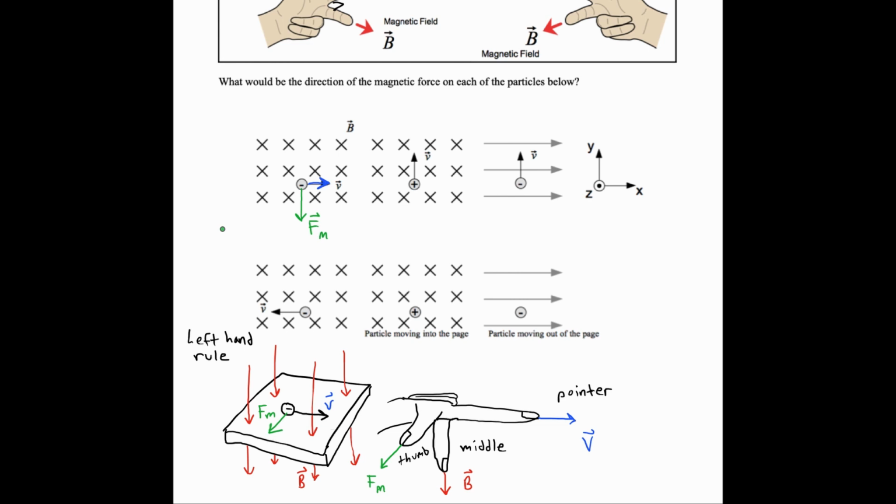And so the direction of that would be negative j hat is the direction of the magnetic force.